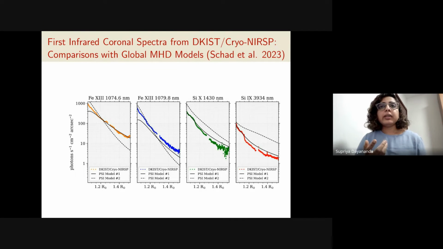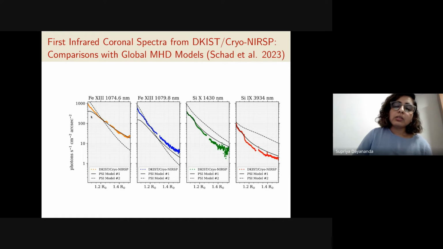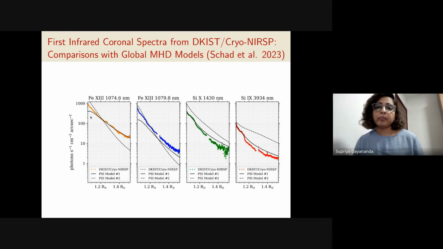This was recently done in the Schad et al. paper, where they presented the first DKIST observations. They compared two models of the Predictive Science group, which come from considering different heating mechanisms, and compared them with the observations to see which of those models gave them a better fit.